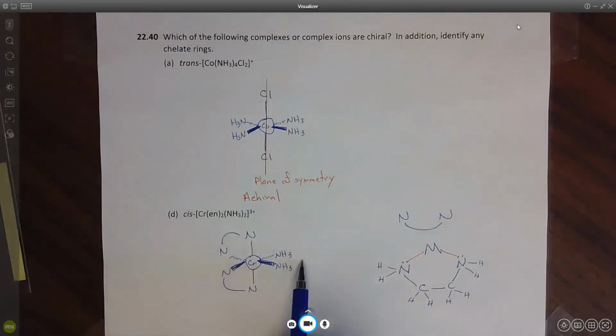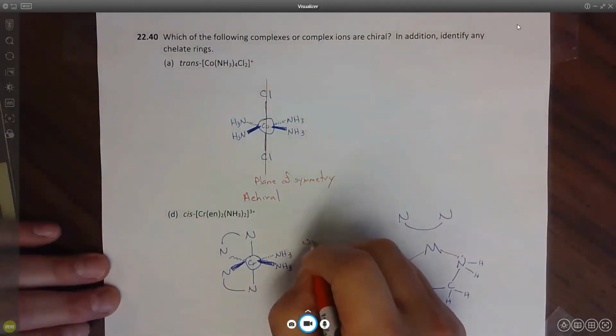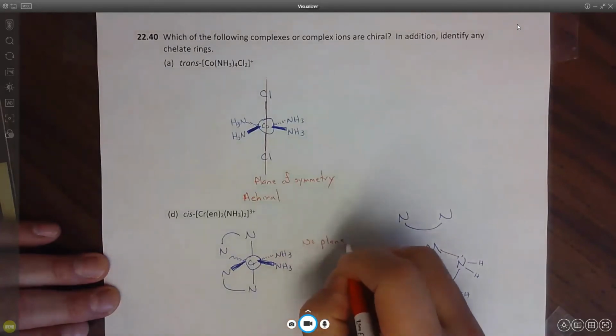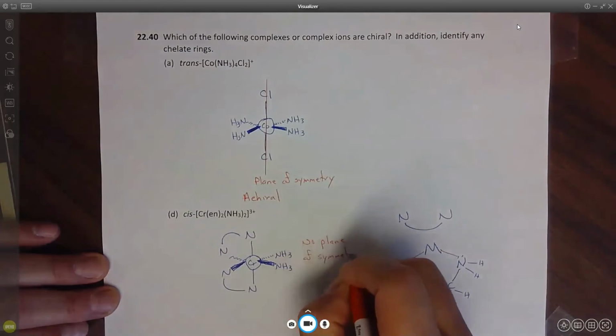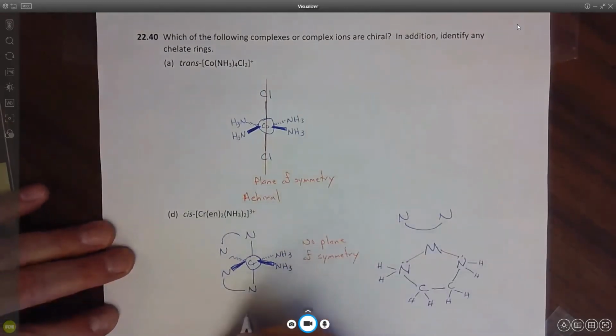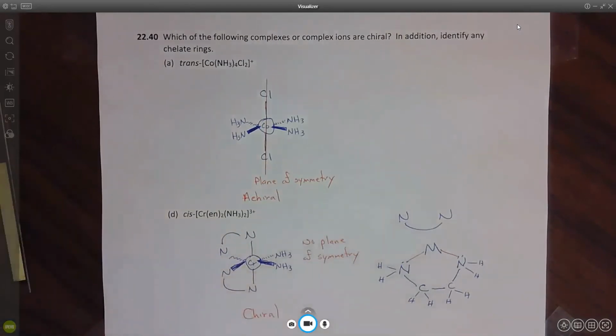So they are not symmetric. They're not mirror images of one another. So again, there is no plane of symmetry, so this would be chiral. That would be a chiral molecule.